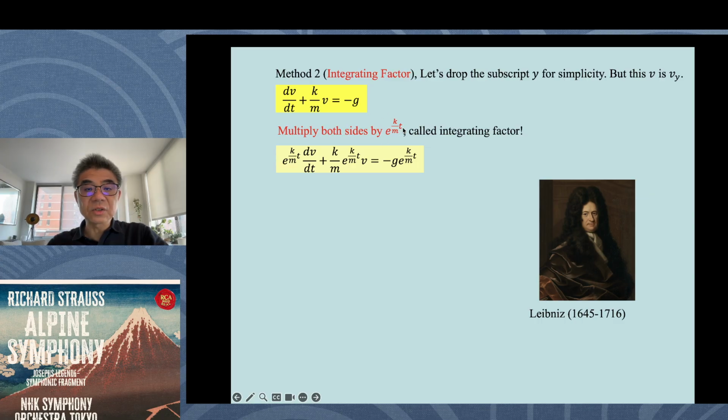This thing is called the integrating factor. Later, we will give you a general recipe to write down the integrating factor. But here, we just introduce the integrating factor directly into our calculation. So, multiply both sides by exponential k over m times t.